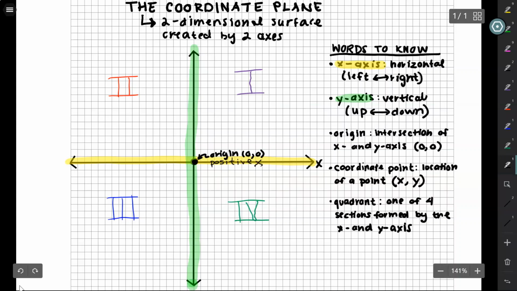If we're to the left, then we have negative x values. Same thing if we look above the origin, we have positive y, and if we look below, we're going to have negative y. So that's what determines the value of each of the points in those quadrants.